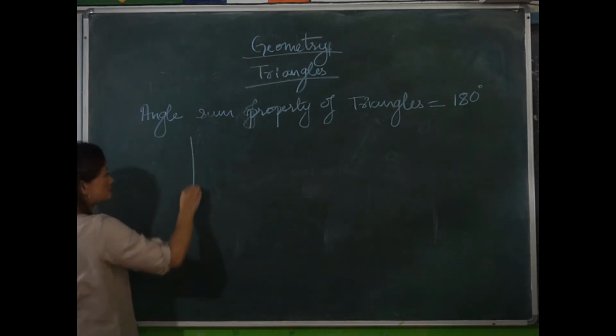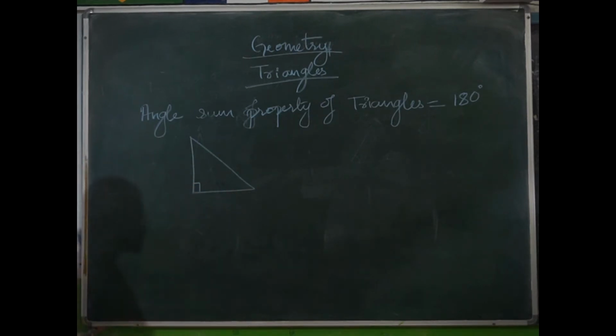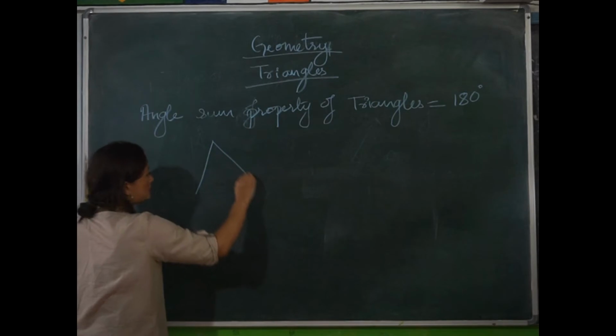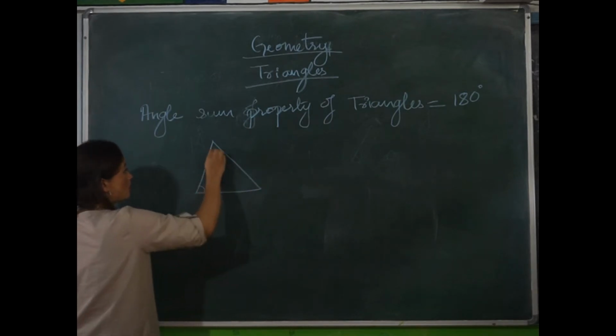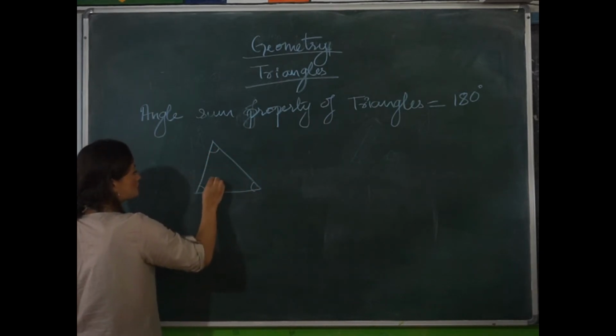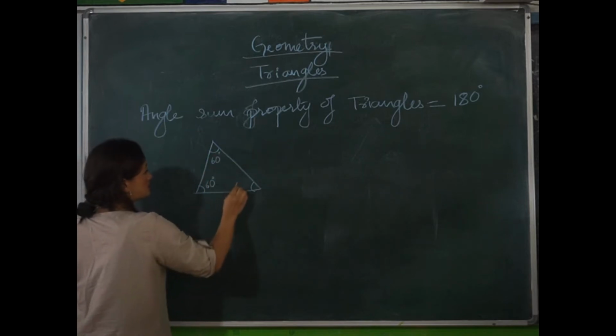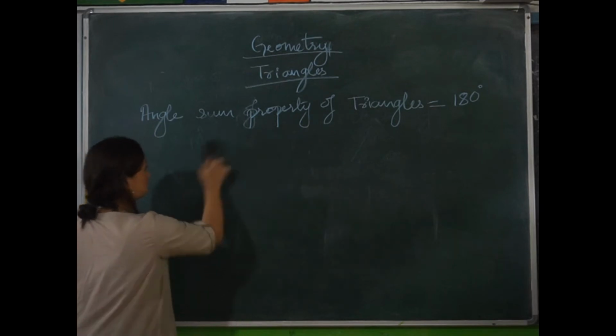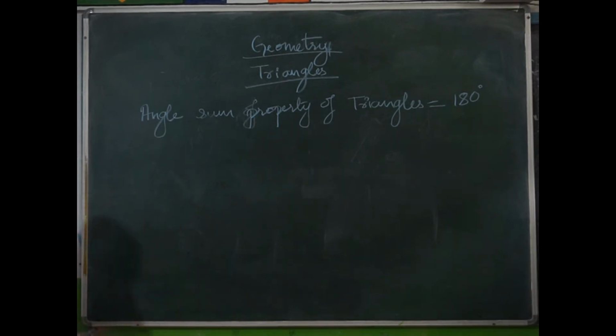For a right angle triangle, one angle is equal to 90 degree. And for an equilateral triangle, all the angles would be equal to 60 degree each. So these are some of the facts that you need to know. This is something we have already discussed and it's just a revision.